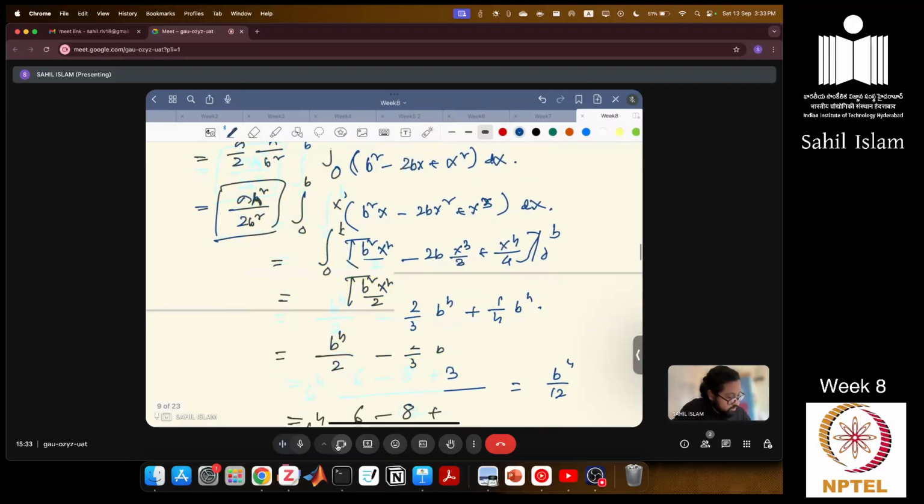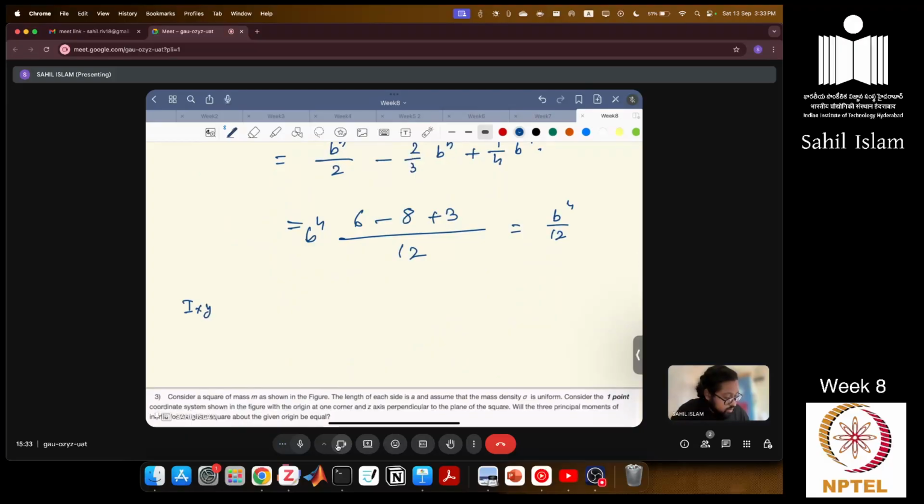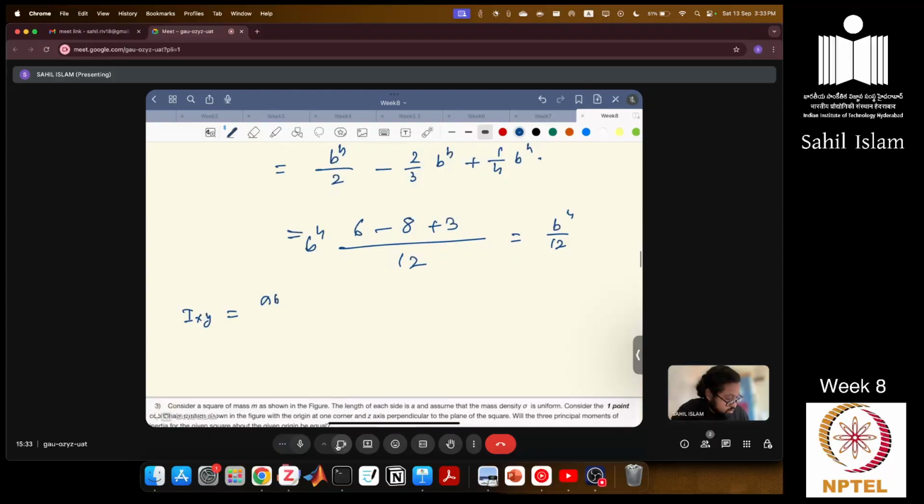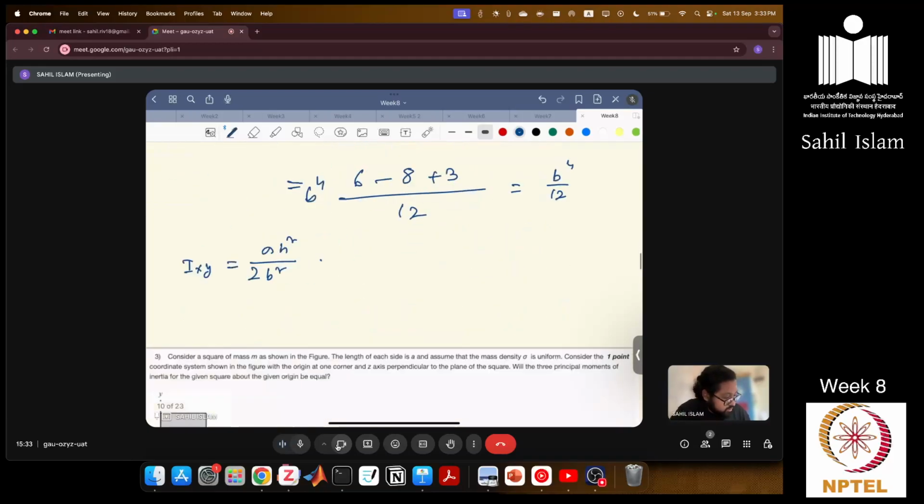So this part times this, so Ixy becomes sigma h square by b square times a half times b to the power 4 by 12. So this implies Ixy becomes sigma times 1 by 24 h square b square.